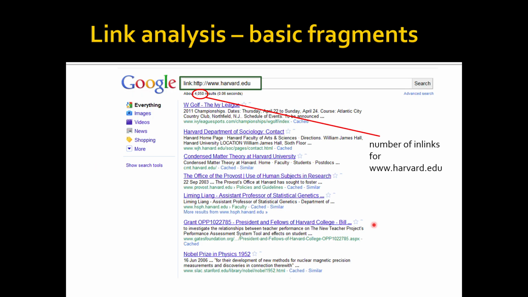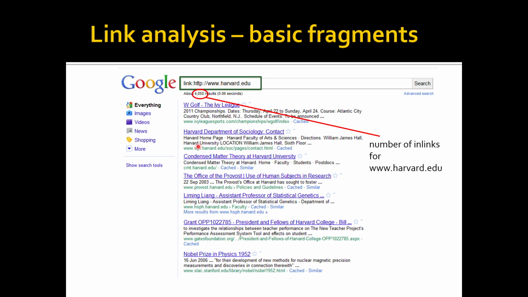So for example, here we want to know how many inlinks there are for the URL www.harvard.edu, and we get some response, of course not precise, but it gets us something like 4,000 results. So the number of inlinks for this simple high-level URL, Harvard, is 4,000.